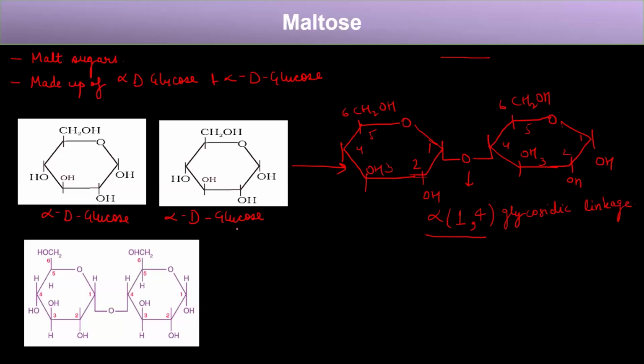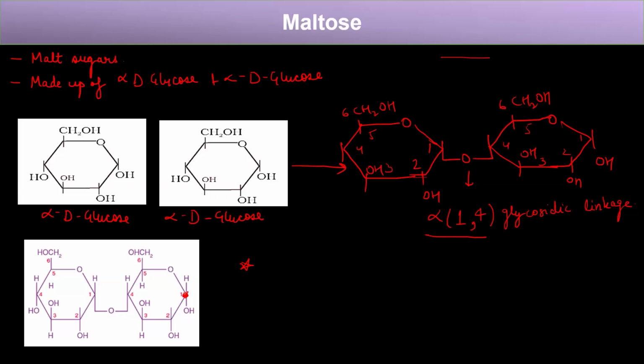Then this is the structure that I just drew. This is similar to what I have drawn. I have just added it for clarity. Okay. Now, one more important thing to notice here is that even after the linkage, one of the carbonyl groups is free, right? This carbonyl group is free, and hence this sugar becomes reducing. Because what are reducing sugars? Reducing sugars are the ones whose carbonyl carbon is free.